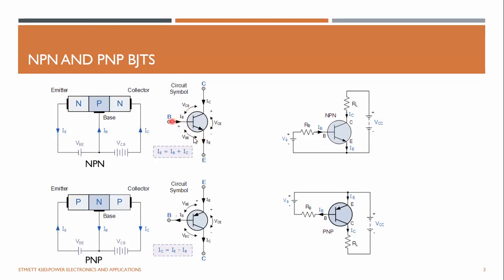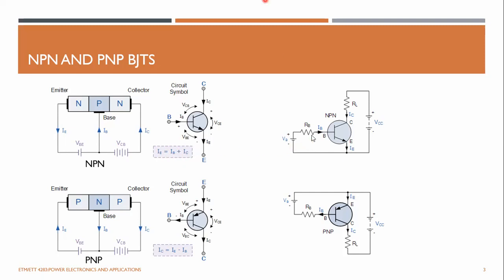This is the base, which comes to here. The direction of the current is shown here. This is the emitter and this is the collector. The base emitter voltage is represented as VBE, the collector emitter voltage is VCE, and the collector base voltage is VCB. Whatever current comes into the base and the collector should return from the emitter. Therefore, the emitter current should be equal to the sum of the base and collector currents.